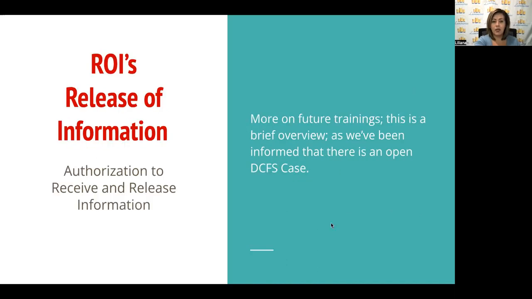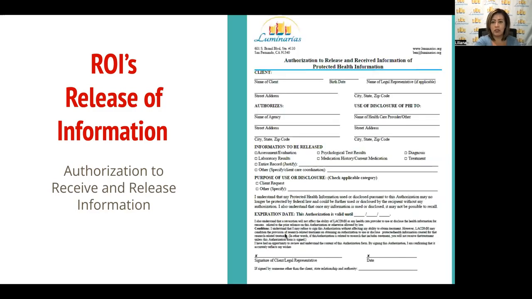Our release of information authorizes us to receive and release information. There's going to be a future training on how to go about it, but here's a brief overview with the information that we have.